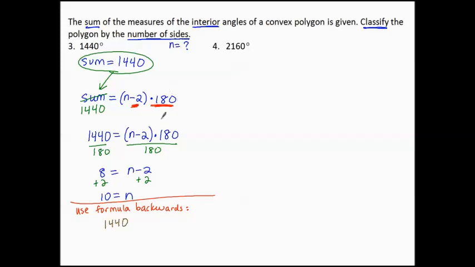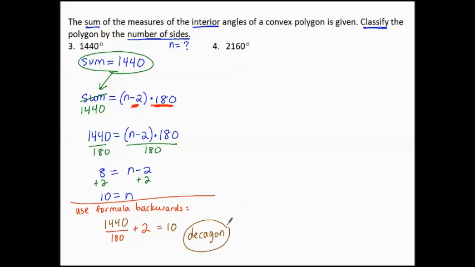Instead of multiplying by 180, we divide by 180. Instead of subtracting 2, we add 2. Just use the formula backwards. That's basically what we did here. Divide by 180, then we added 2. That still gives us 10, and therefore we know we have a decagon. And if we can name it, that's how we give our answer. A 10-sided polygon or a decagon.